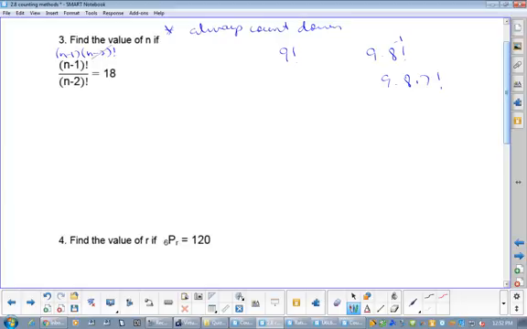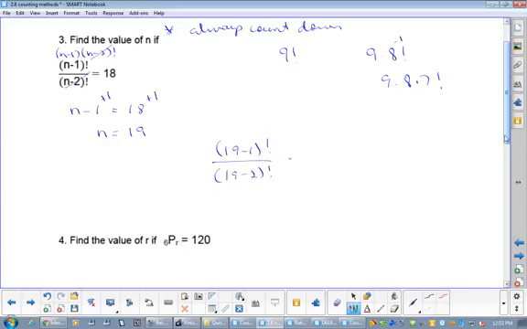Then my top and bottom cancel, and I will have n minus 1 equals 18. Then I add 1, n will equal 19. Okay, don't stop there though. Check it. 19 minus 1 factorial over 19 minus 2 factorial.